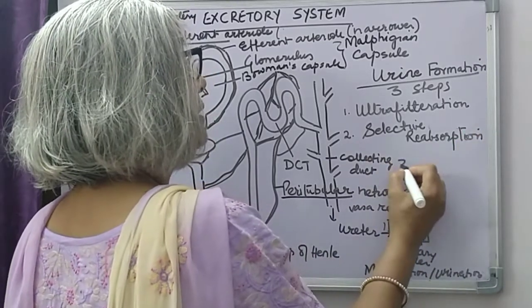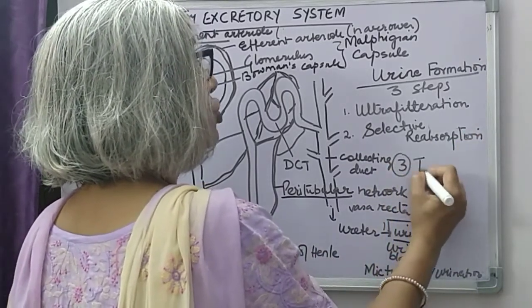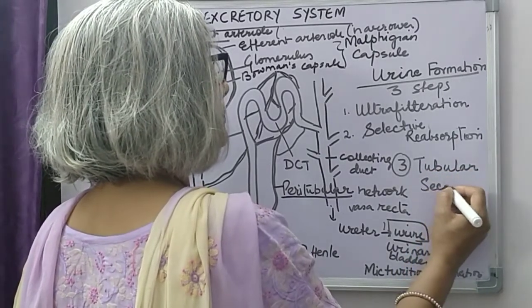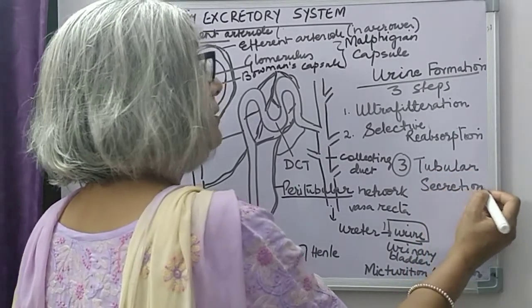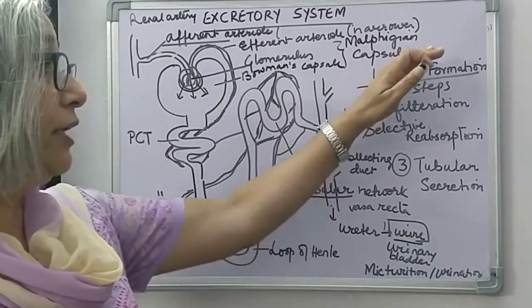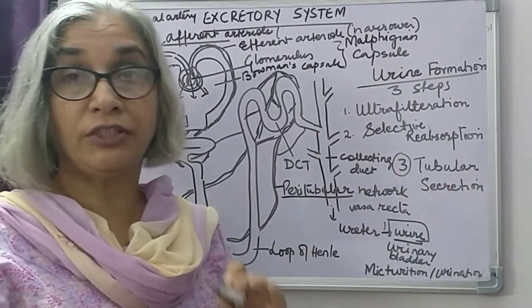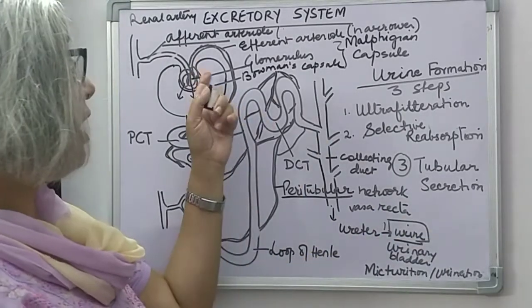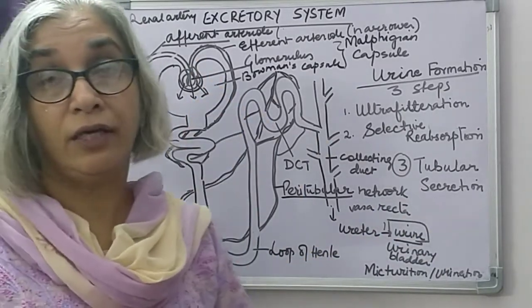And the third step is tubular secretion. These are the three main steps in which urine formation takes place. The process of urine formation takes place after filtration of blood.